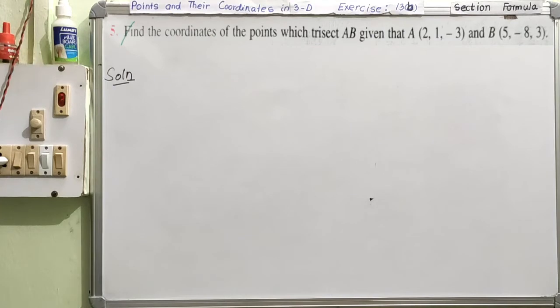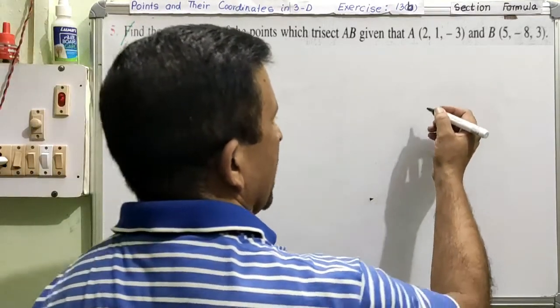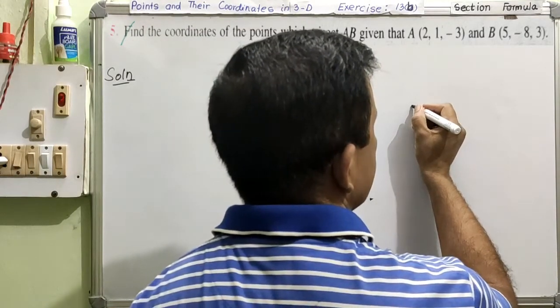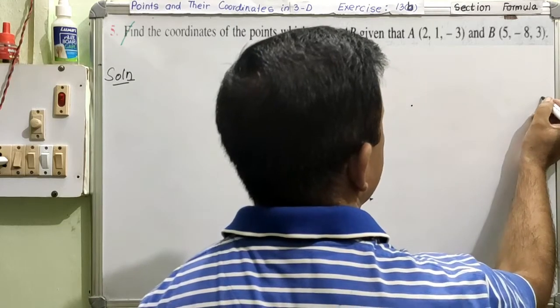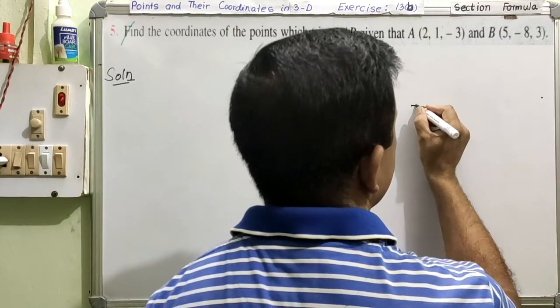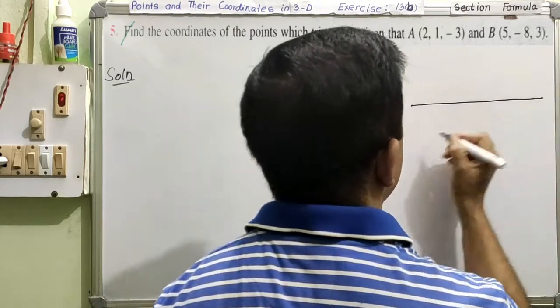Now the last question for this session, question number 5. Look at the question. Find the coordinates of the point which trisects AB, given that A and B are so and so. So that means we have, first of all, 2 points A and B. Join it. Clear?